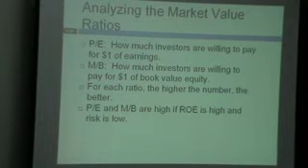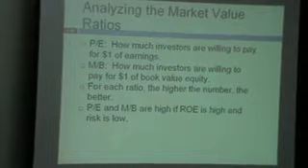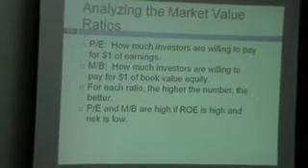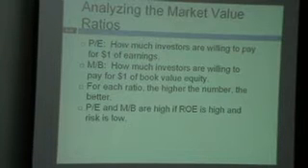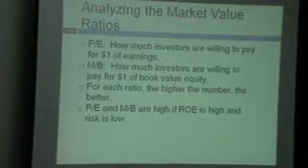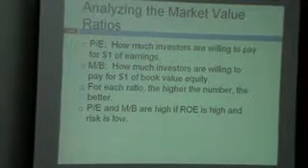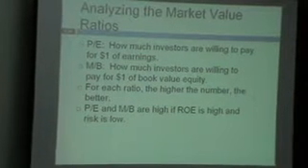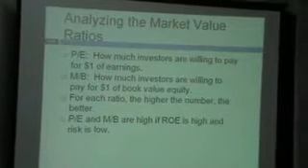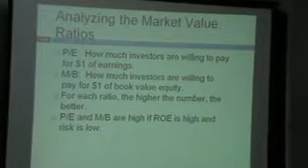Okay, so analyzing the market value ratios: price earning indicates how much investors are willing to pay for $1 of earnings, and market to book value indicates how much investors are willing to pay for $1 of book value equity. For each ratio, the higher the number, the better. So these should be higher.